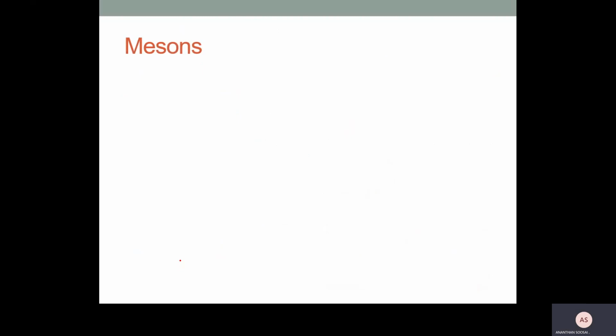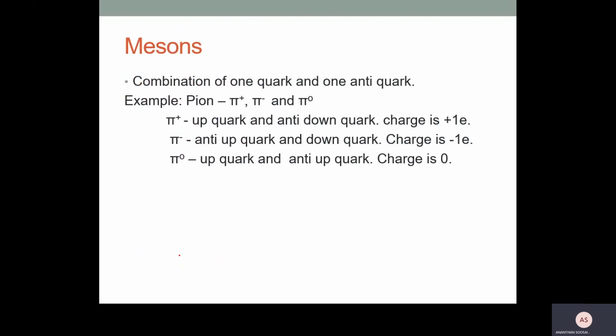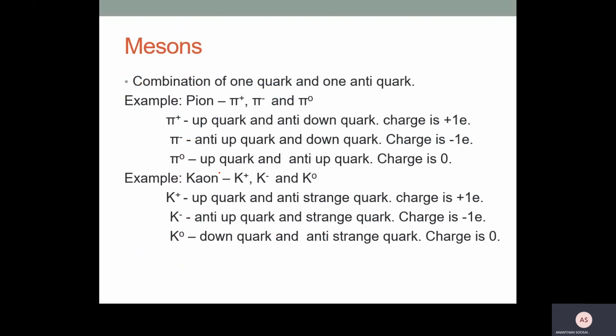Okay. Mesons: one quark, one antiquark. This is all extra information, you don't need to know mesons. You must know that a quark and antiquark can form a particle under hadron, such as kaon and pion. This is extra information.